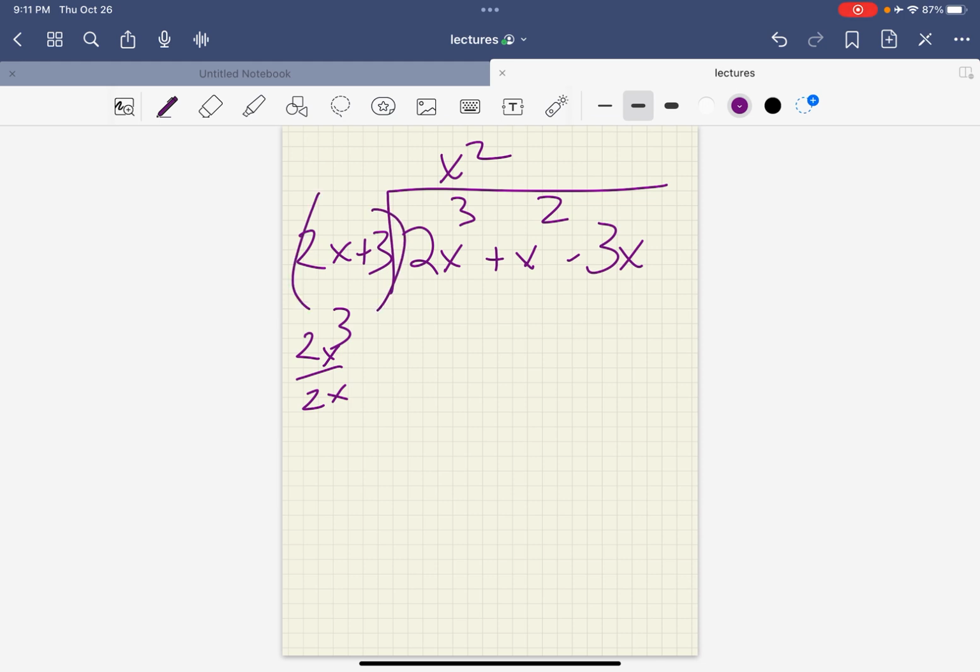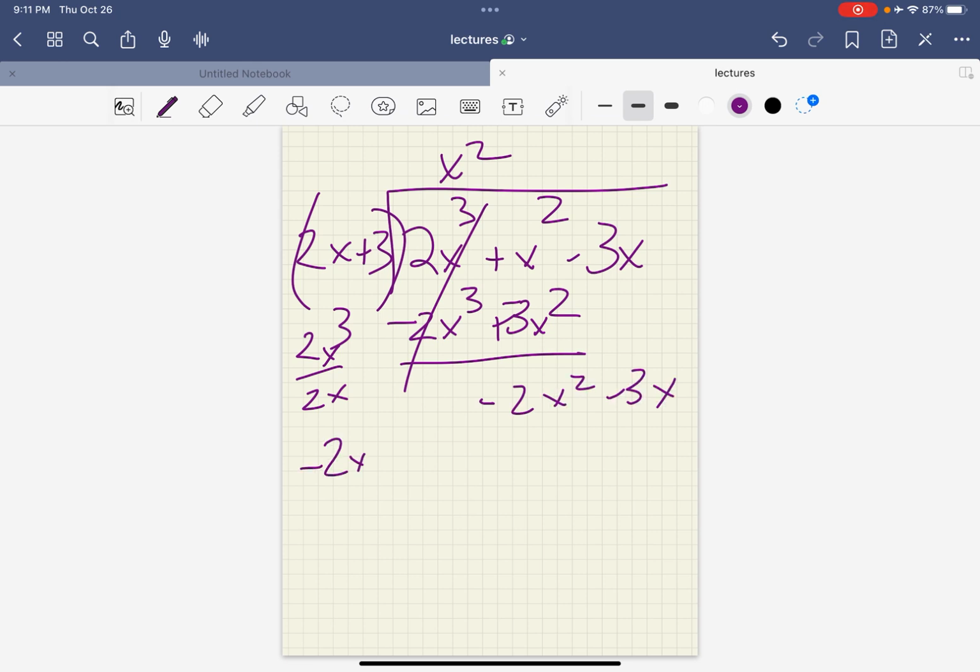Then we multiply, so that's 2x cubed plus 3x squared. Draw the line and change the signs, so that's minus 2x squared minus 3x. So minus 2x squared divided by 2x is minus x. So that would be minus 2x squared minus 3x. Draw the line, change the signs, it comes out even. So it's just x squared minus x.